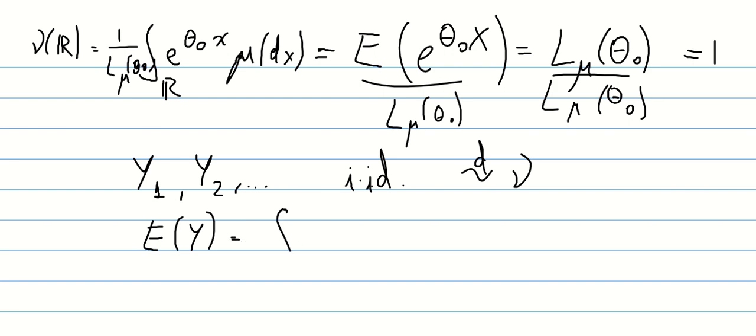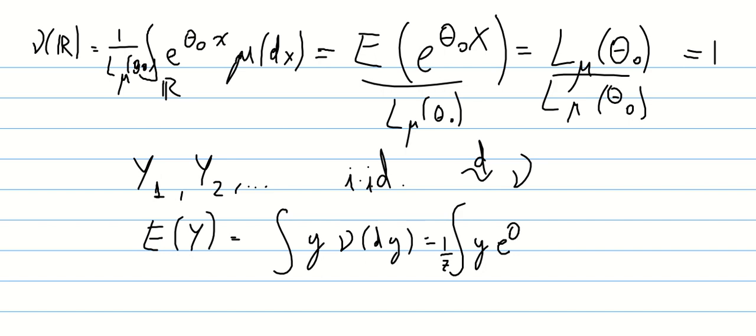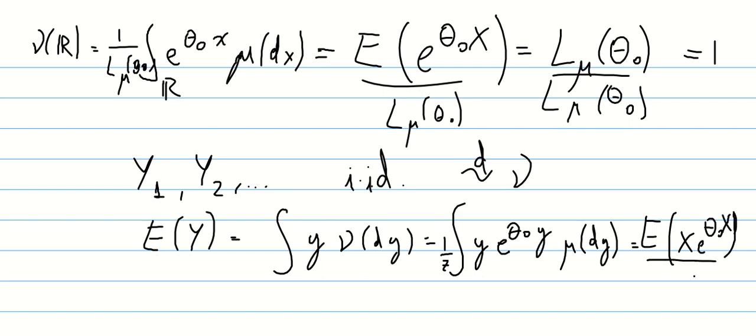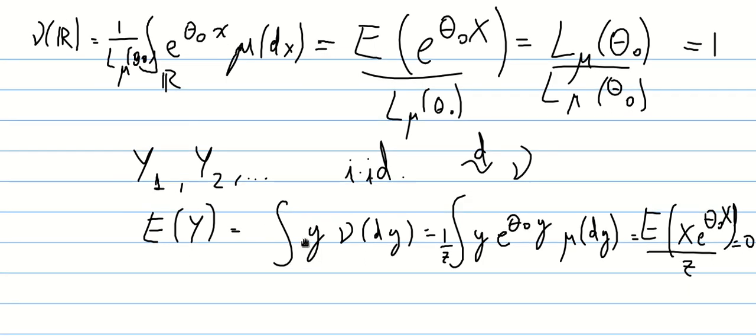This is the integral of y nu of dy, which is the integral of y e to the, sorry, there is 1 over something here, e to the theta 0 y mu of dy, which is the expectation of x e to the theta 0 x over something, which is 0. So y has 0 expectation.